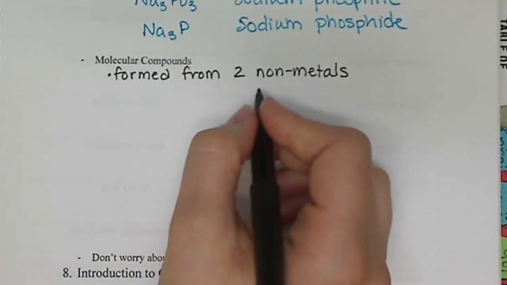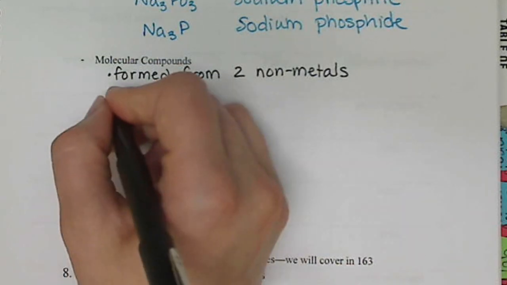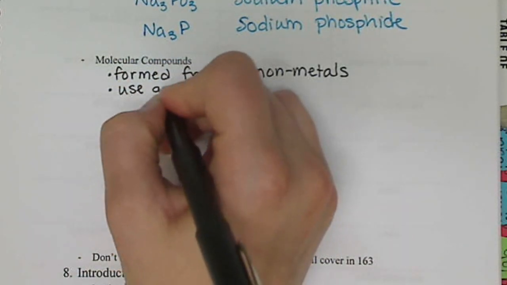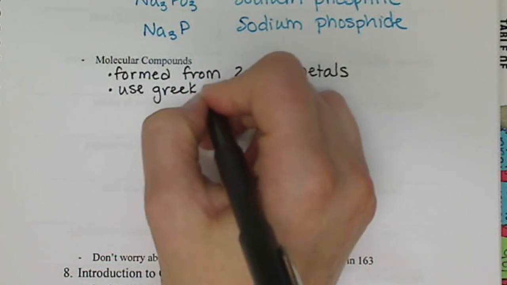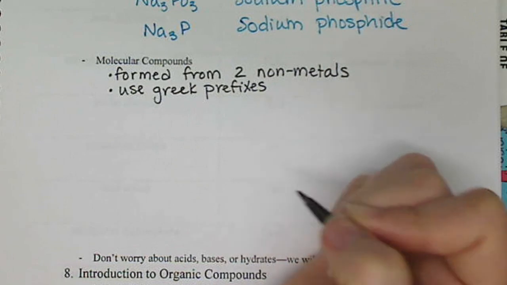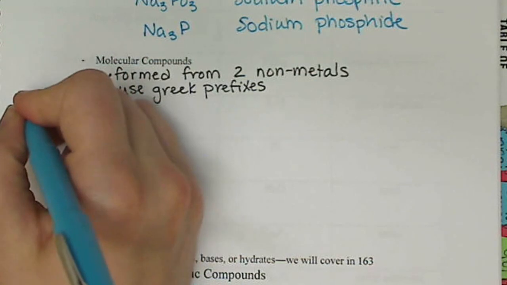In order to indicate the number of each atom in the formula, we're going to use the Greek prefixes. Which you do need to know all of them. Most of them you've probably known already or experienced.